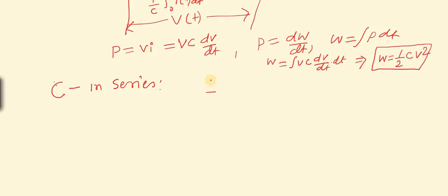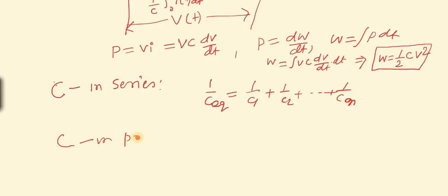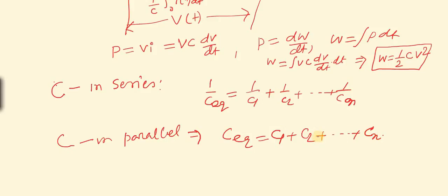So the equivalent capacitance in series connection will be 1 by C equivalent equals 1 by C1 plus 1 by C2 plus up to 1 by Cn. And for capacitors in parallel, it will be the summation of all the capacitances: C equivalent is equal to C1 plus C2 plus up to Cn.